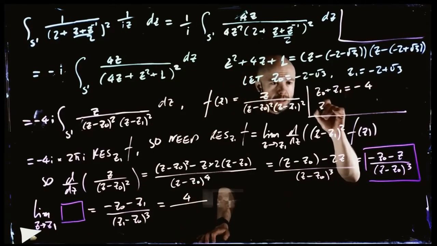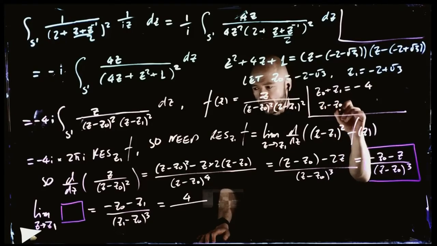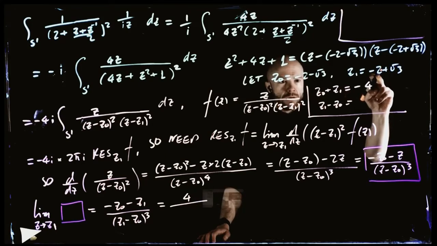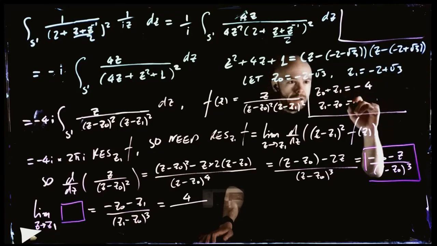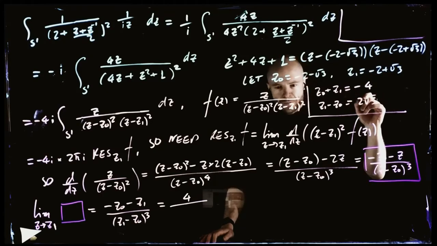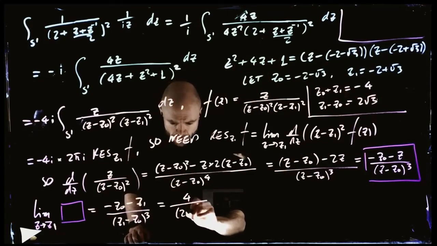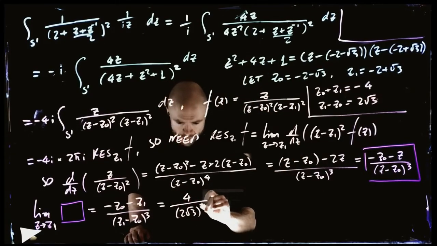And z1 minus z0: z1 is this thing, and we subtract z0. We are going to have just 2 root 3, like this. So we're going to have on the bottom here 2 root 3 to the power 3.